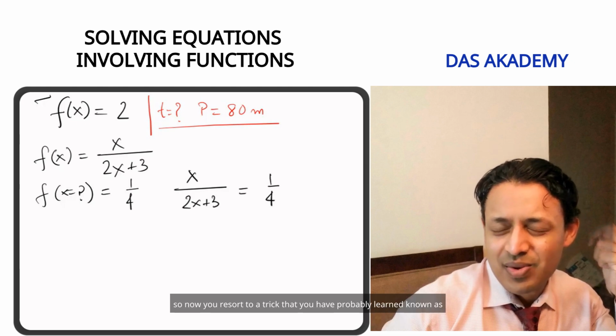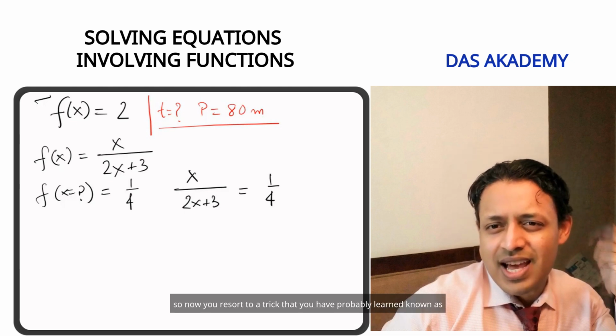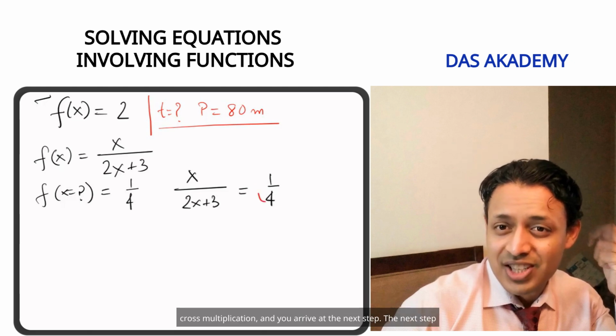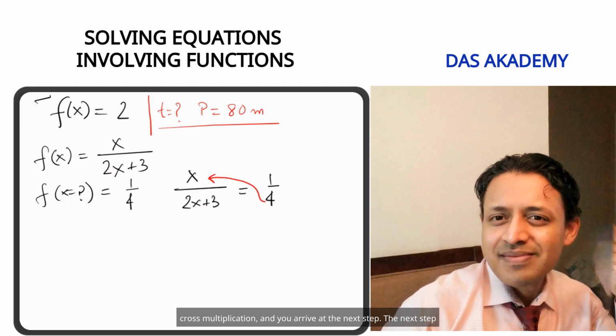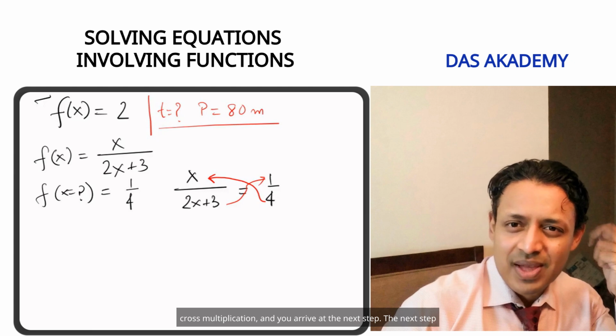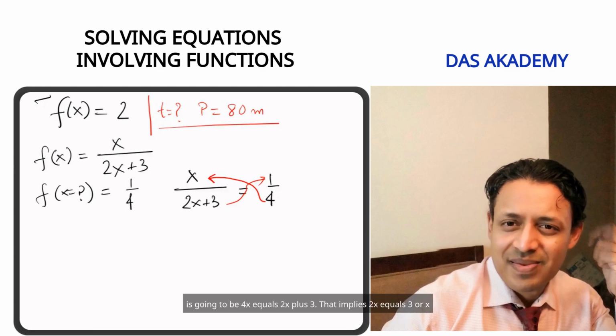So now you resort to a trick that you have probably learned, known as cross multiplication. And you arrive at the next step. The next step is going to be 4x equals 2x plus 3.